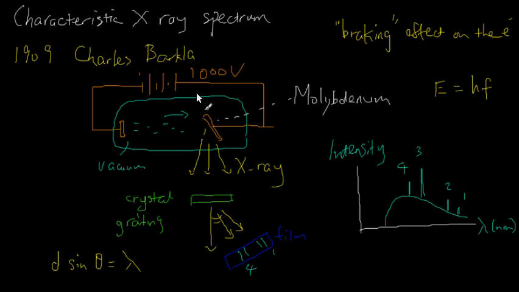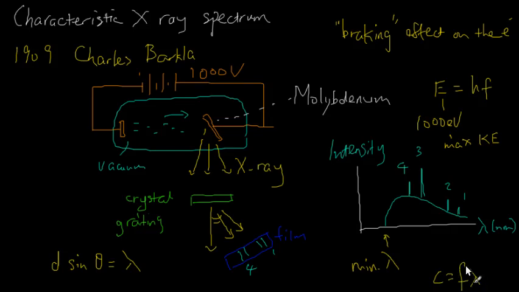So the maximum energy in this example is 1000 volts. So E is at most 1000 eV. That would be the maximum kinetic energy. Okay, so that means that there would be a maximum frequency, and that would correspond to a minimum wavelength. Right, because we know that c = fλ.